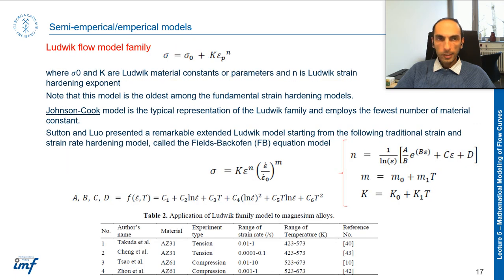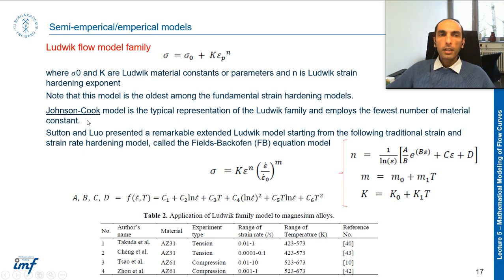The second family is the Ludwig flow family model. I think this is familiar for you because this is just the Hollomon equation, and this constant term sigma 0 is added here as a material constant. So this is the hardening exponent, and this k is also constant here.